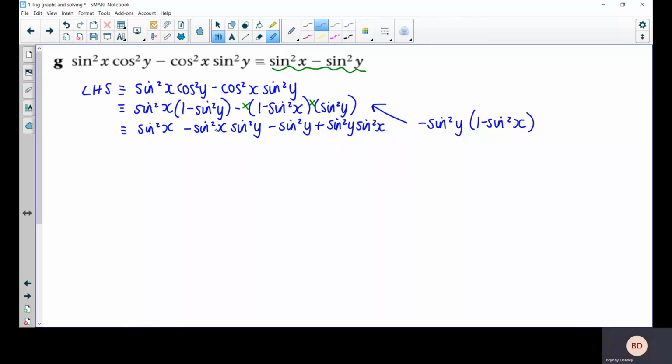Now, these will cancel this and this. I can rewrite this the other way around. It's still going to be the same thing. And then I've got the negative version of it over there. So those have cancelled. And I'm just going to be left with sine squared x minus sine squared y. And that is the right-hand side.